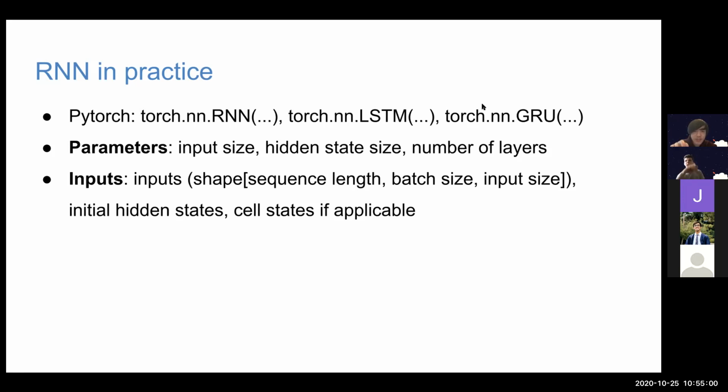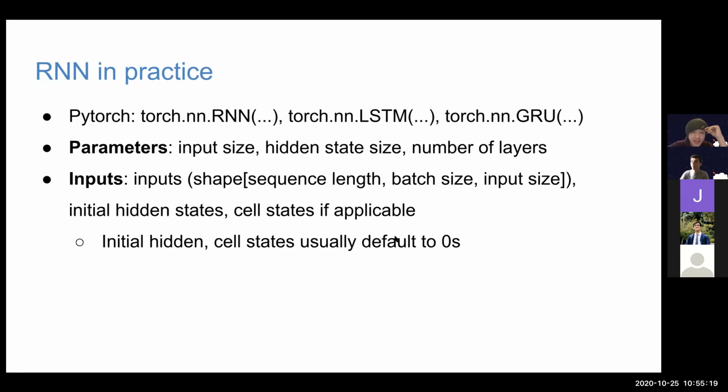And in PyTorch, you can just call some init function to initialize those for you. And if you're doing an LSTM, you also have to make sure that you have initial cell states. And then after that, the model just handles the entire sequence on its own. Usually you would default the initial hidden and cell states to all zeros.